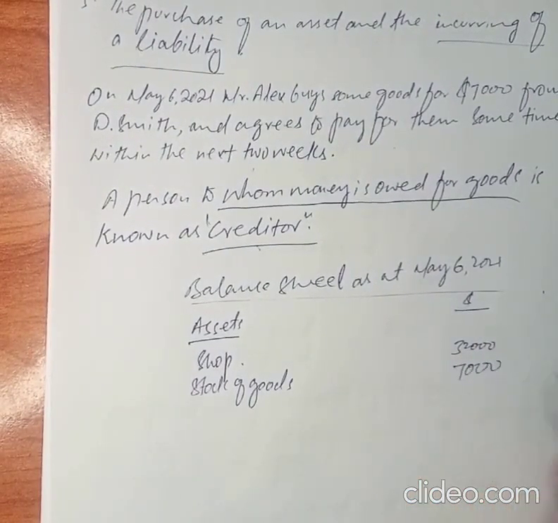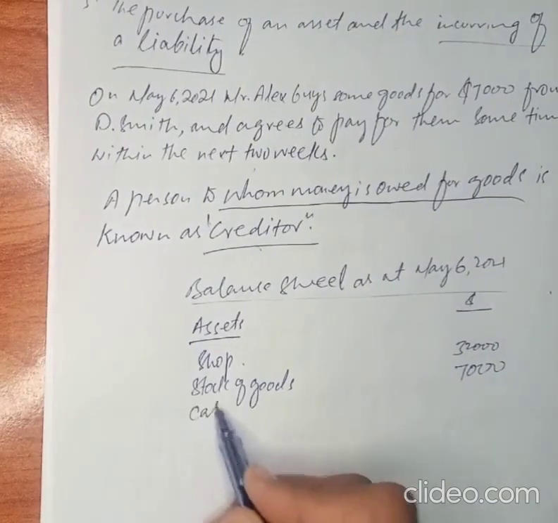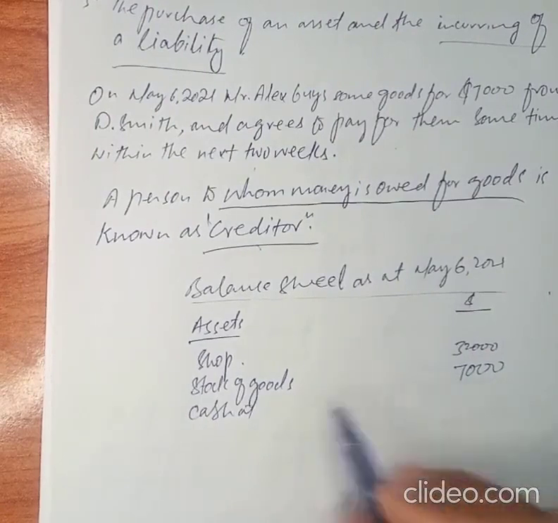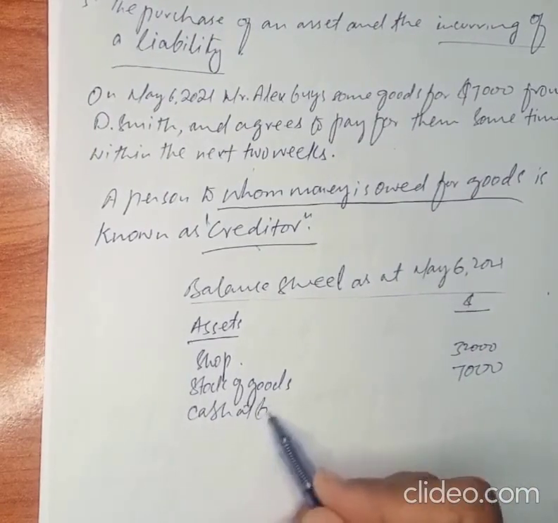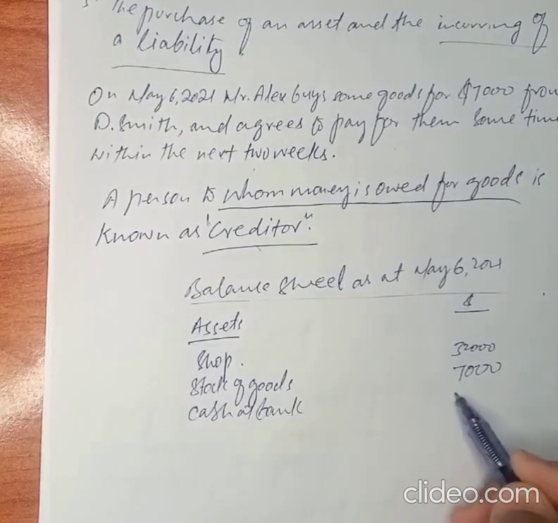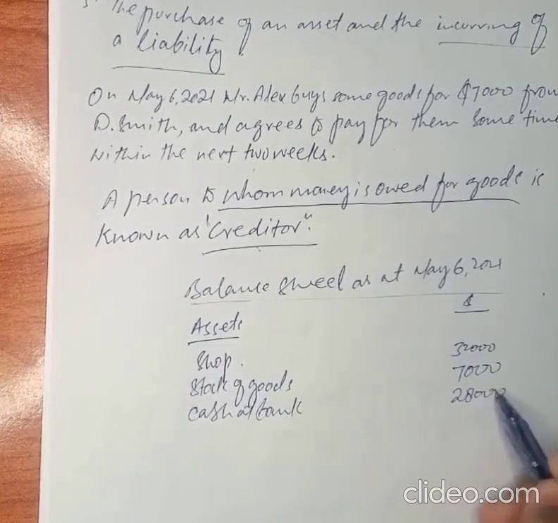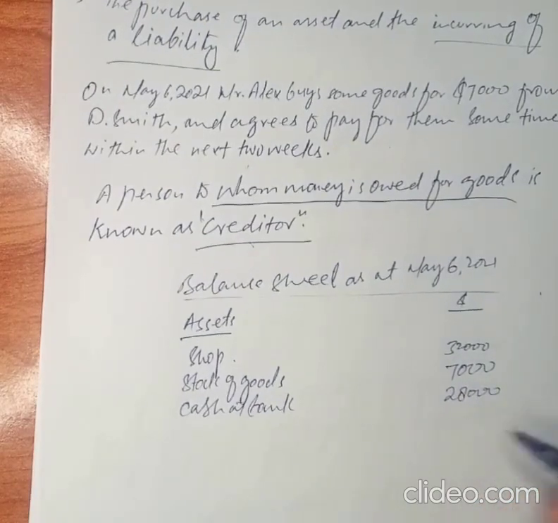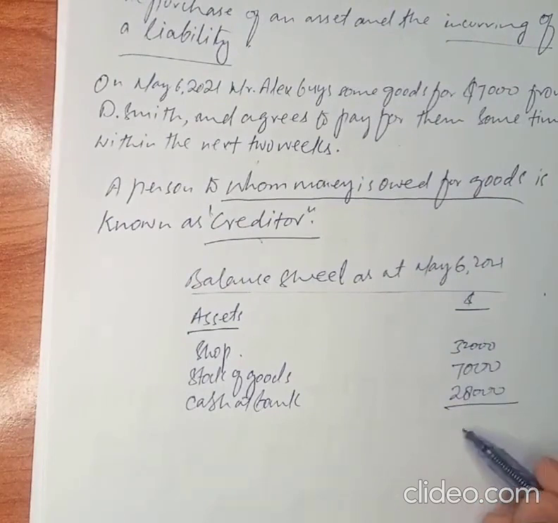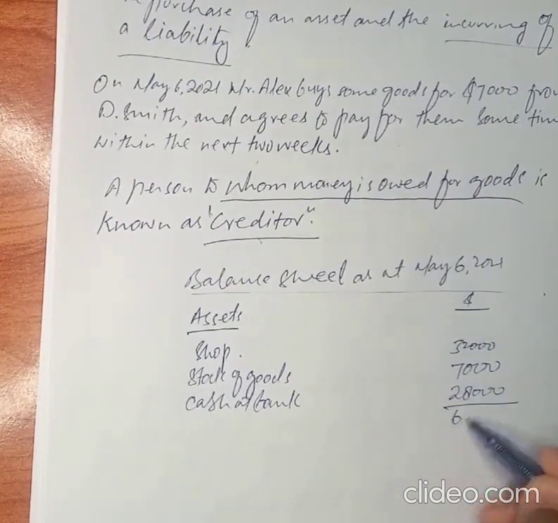This is also an asset. And the cash at bank, because he is not paying anything from the bank or from hand, will remain the same, $28,000. So when we total this, it is $67,000.